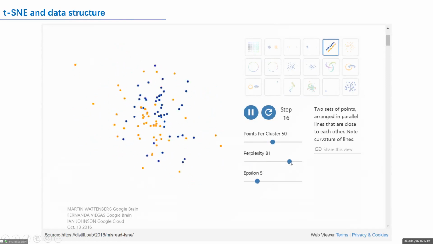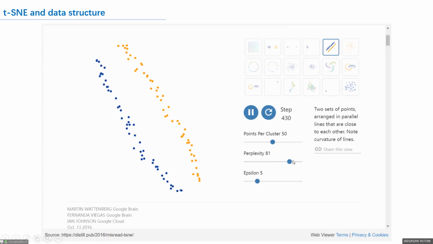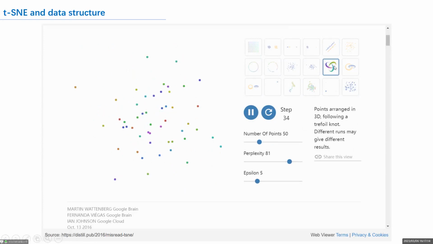This hyperparameter should be adjusted to reveal the true structure.